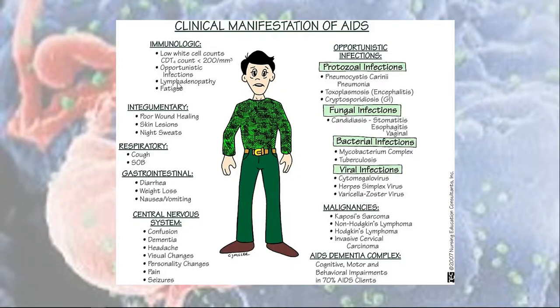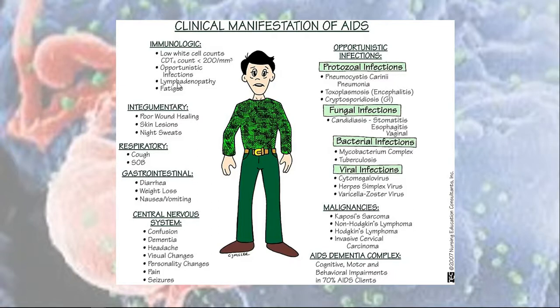Here we see some clinical manifestations of AIDS. Immunologically, they have low white cell counts, and the CD4 count, again, is below 200 per microliter. They have opportunistic infections, lymphadenopathy, and fatigue. For the skin, there is poor wound healing and skin lesions, and they suffer from night sweats.